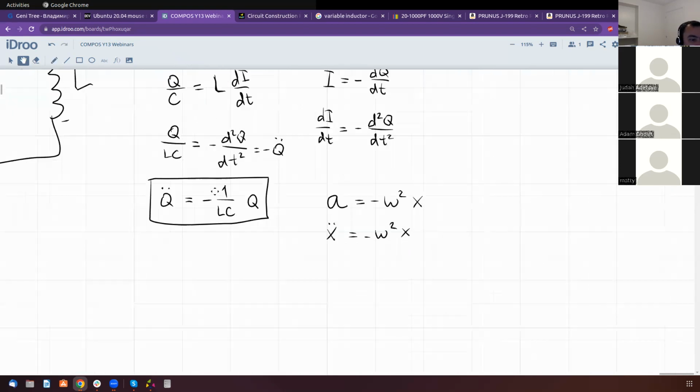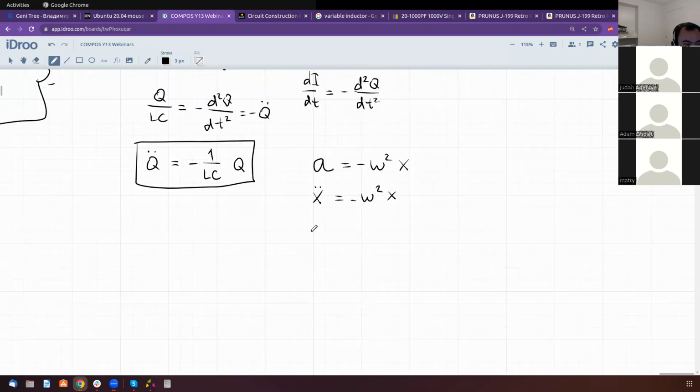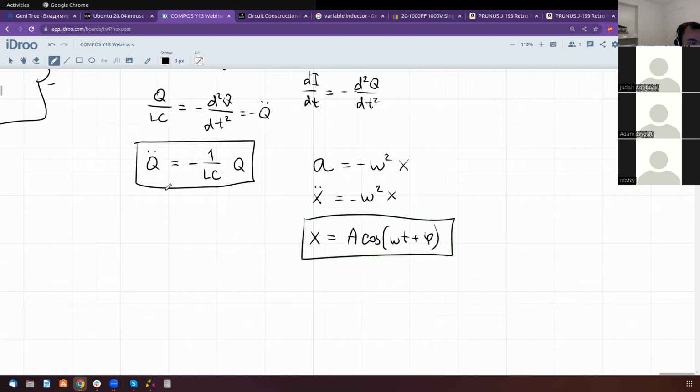If you remember, the solution to this equation was x equals A multiplied by cos(omega t plus phi), where phi is the starting phase. We could go through the whole process of second order differential equations, but if you already know the solution, you don't need to solve the equation.